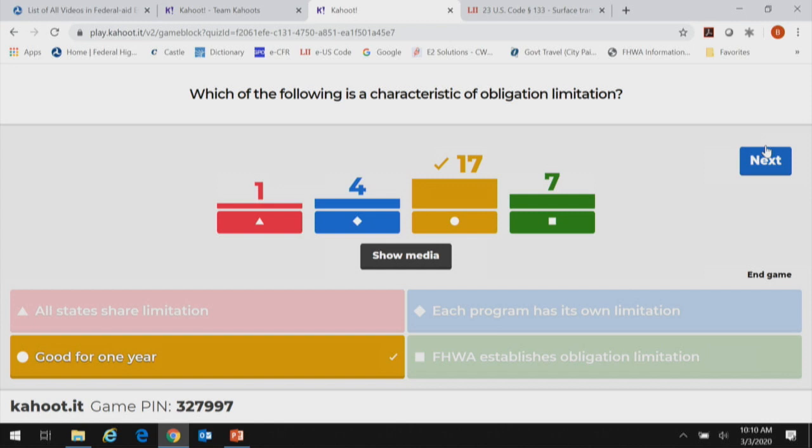Each state gets their own piece of the limitation, so you know what it is. Each program has its own limitation? That's not true. You get limitation as a lump sum that you get to pick and choose what you want to obligate out of your programs. And federal highway does not establish obligation limitation. It's established by Congress through the Authorization Act and also appropriations.